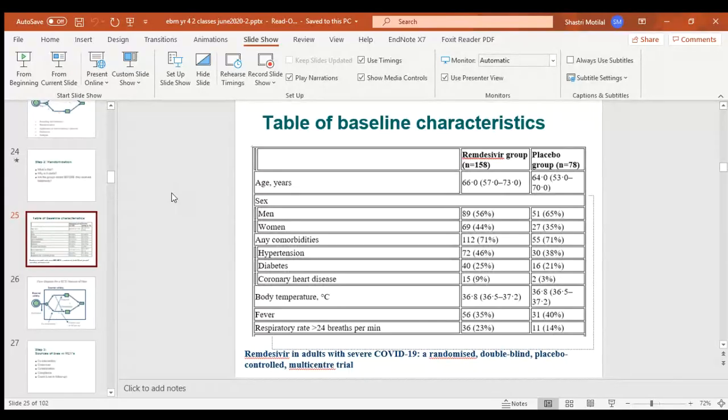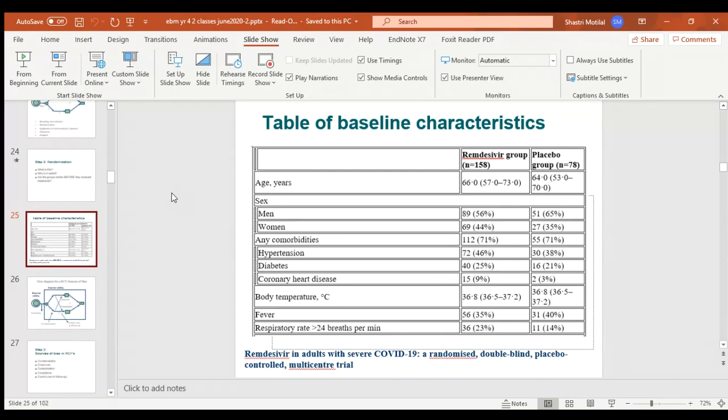But if we go further down, we'll see that in terms of coronary artery disease, 9% of the remdesivir group had coronary artery disease, 25% had diabetes, and when we look at the placebo group, 3% had coronary artery disease, and 21% had diabetes. So you're seeing some discrepancies or unevenness in the groups, and it makes you wonder, when they did the randomization to produce these two groups, how well the randomization worked.